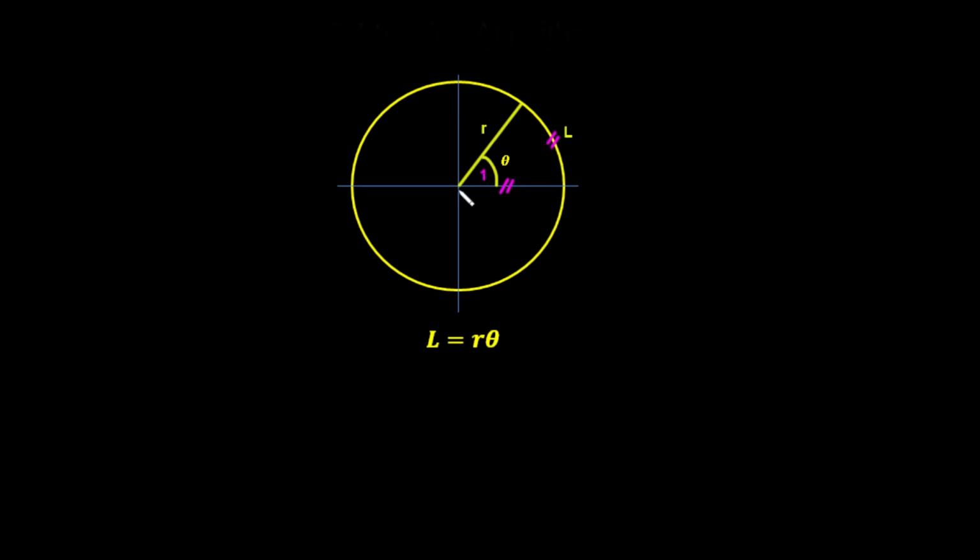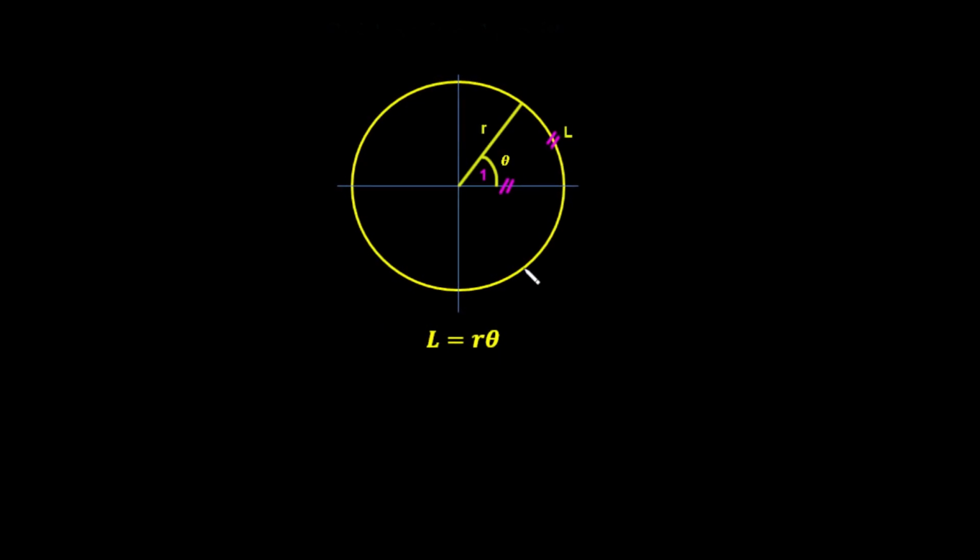Now let's say, for example, we used the scale such that the value of 1, in this case we'll call it 1 radian, is equal to the angle that is generated whenever the radius is equal in length to the arc length.